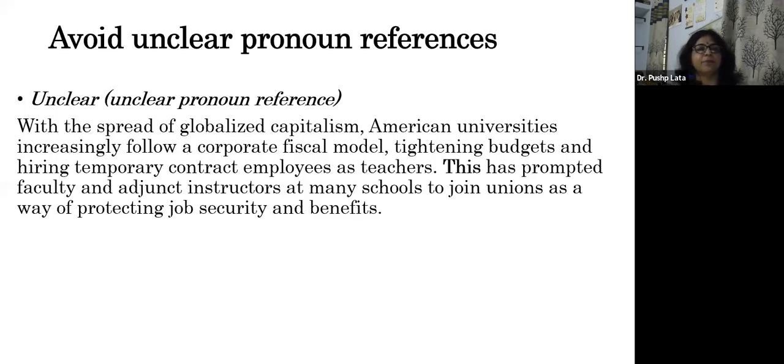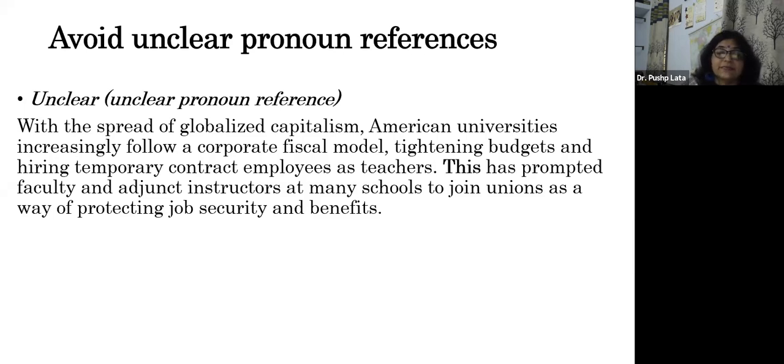Here is an example. With the spread of globalized capitalism, American universities increasingly follow a corporate fiscal model, tightening budgets and hiring corporate contract employees as teachers. This has prompted faculty and adjunct instructors at many schools to join unions as a way of protecting job security and benefits.